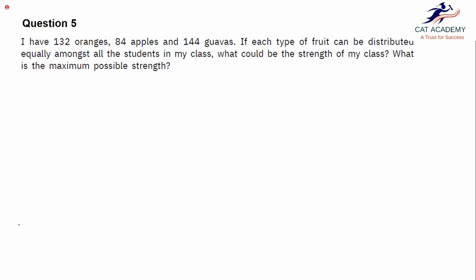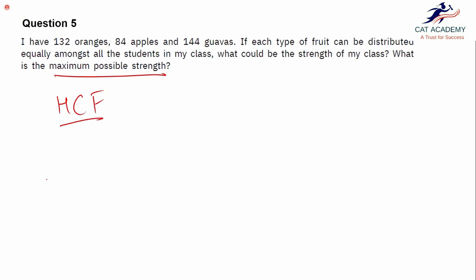So I need a common factor of all. When I need a common factor of all of them, can I say that I need HCF? Common factor is CF. And when I want maximum possible class strength, I need HCF.